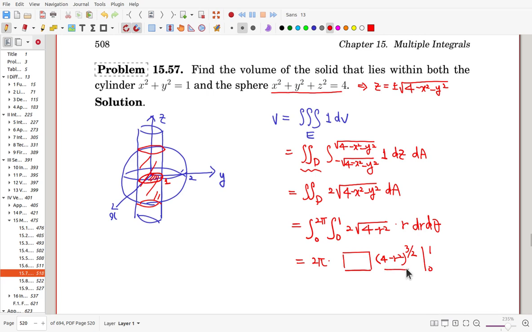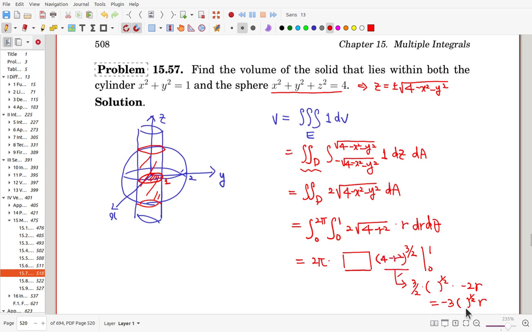In order to do that, we differentiate, and then the 3 over 2 will come out, with the half power, and the derivative is minus 2r. Let's simplify this one. There is a minus 3, a half power, and r, and of course the inside is 4 minus r squared.